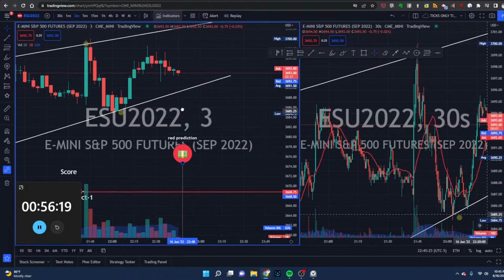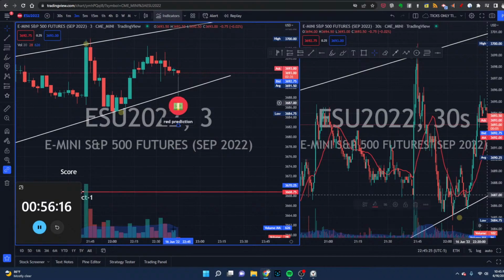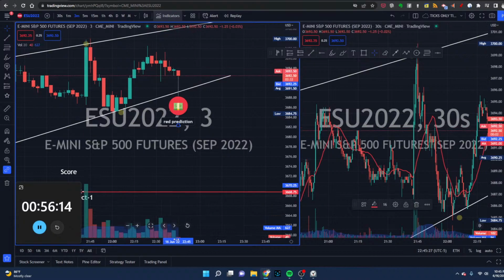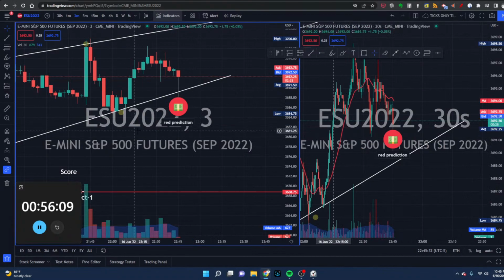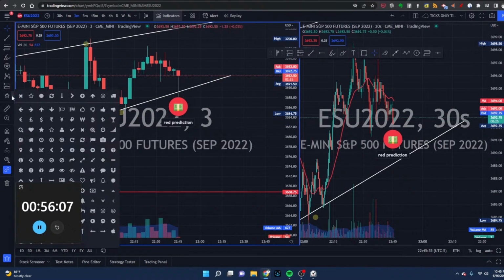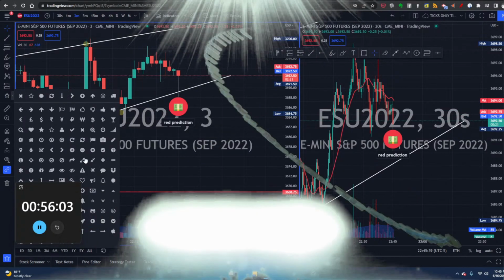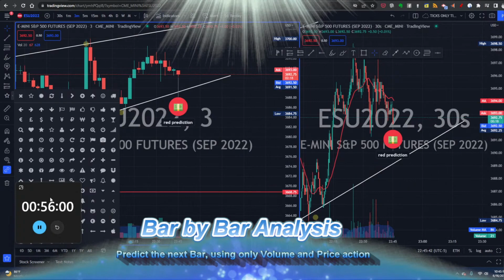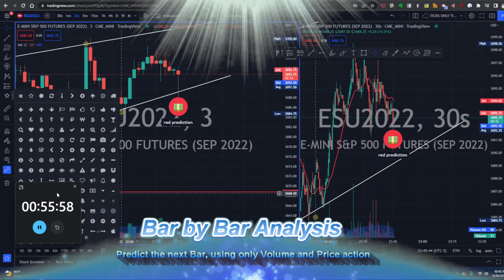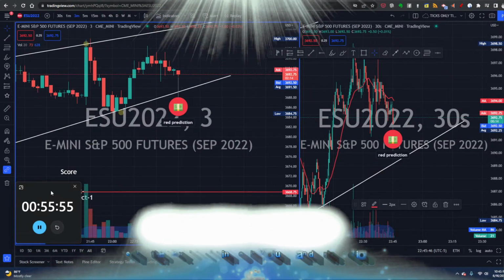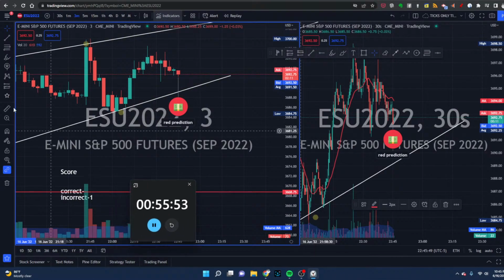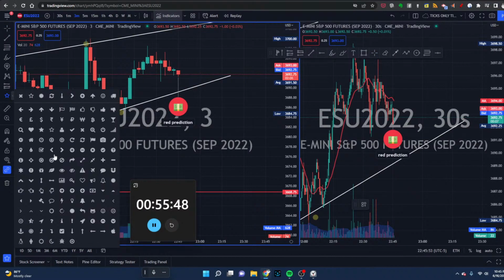I'm going to go with red again, simply based on this volume here. Let's see here. There's got to be a check mark, right? There's a check mark.